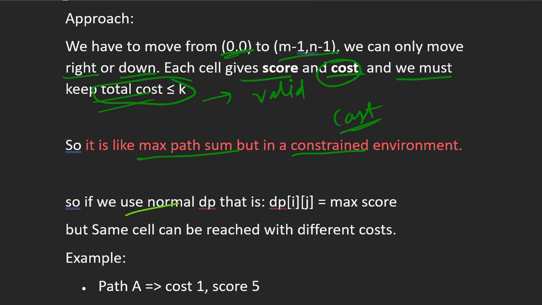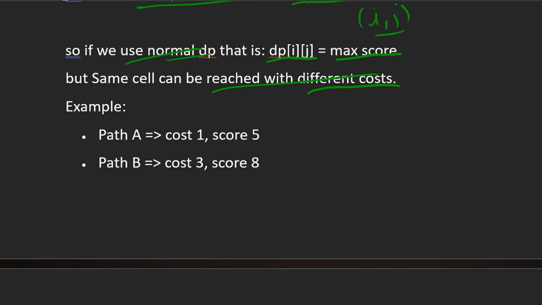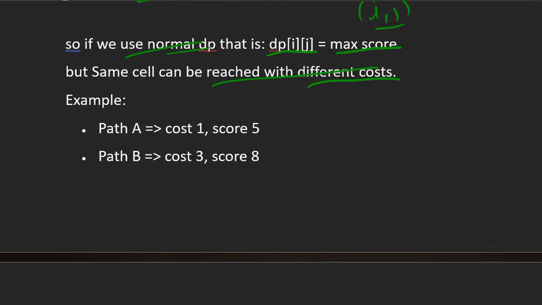If you use normal DP, that is dp of i, j which is directly equal to the maximum score, the thing is that this same cell i comma j can be reached by different paths and with different costs, right? Suppose path A gives us a cost of 1 and a score of 5. Path B gives us a cost of 3 and a score of 8.